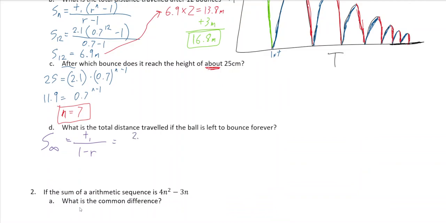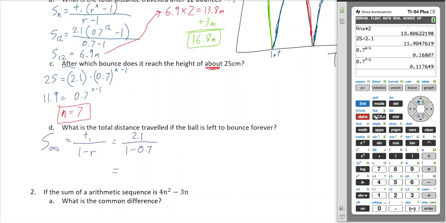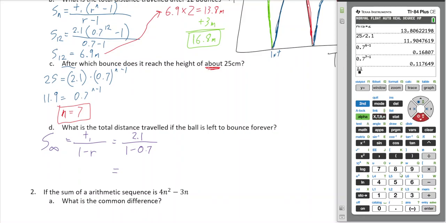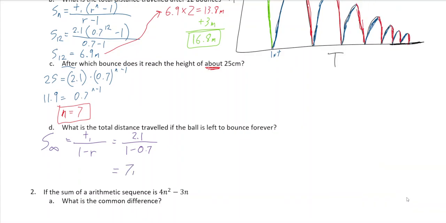So t1 is 2.1, r is 0.7, and so we would get a value of 7 meters. Okay, but is that our final answer?